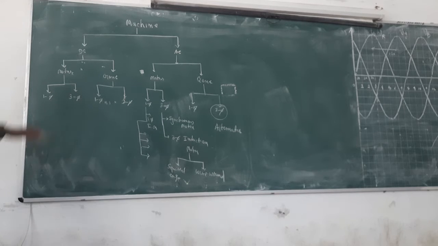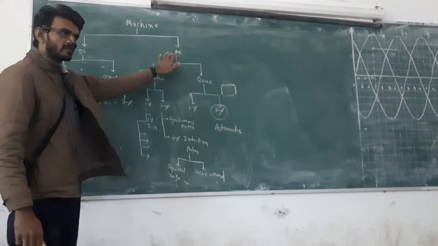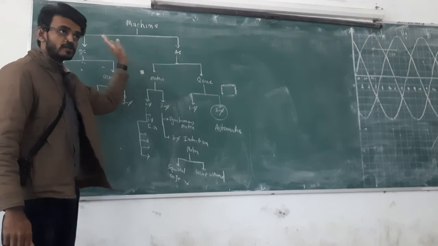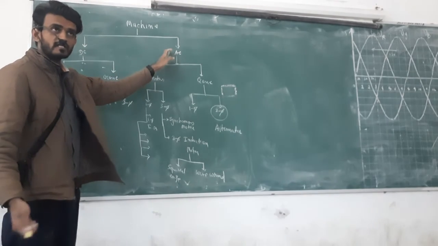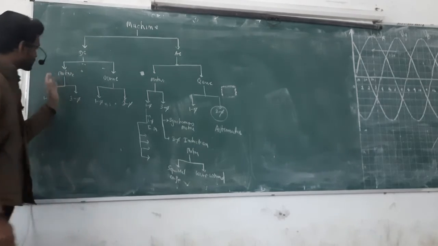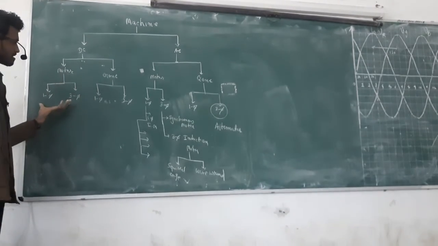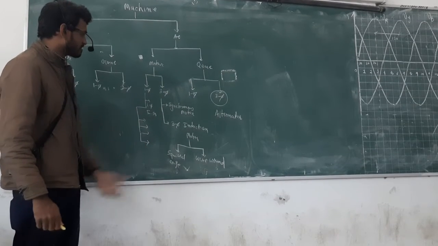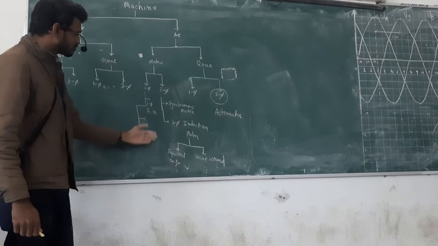We can say DC machine is there, operating on DC supply, operating on AC supply, generating DC supply, generating AC supply. Motor, generator, three-phase, single phase. So these are the motors.